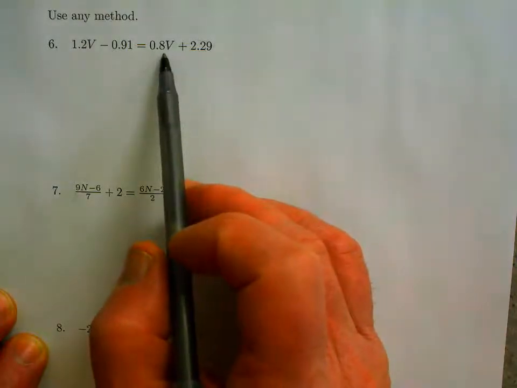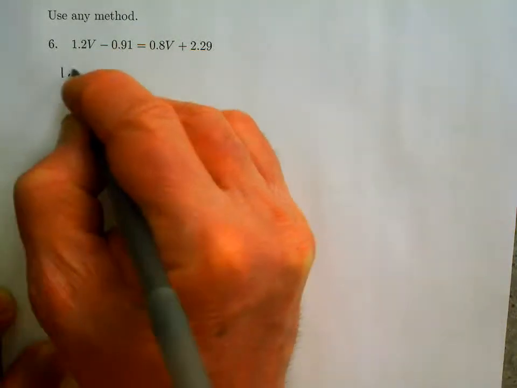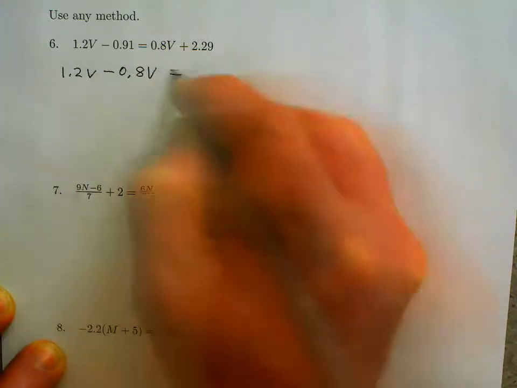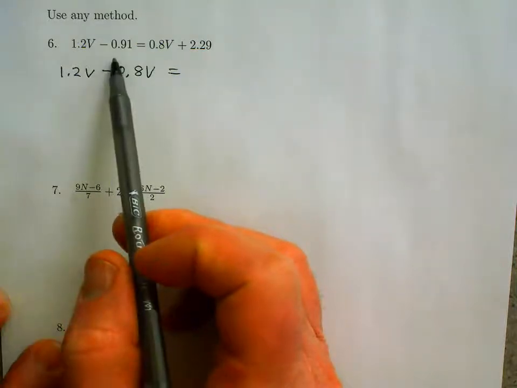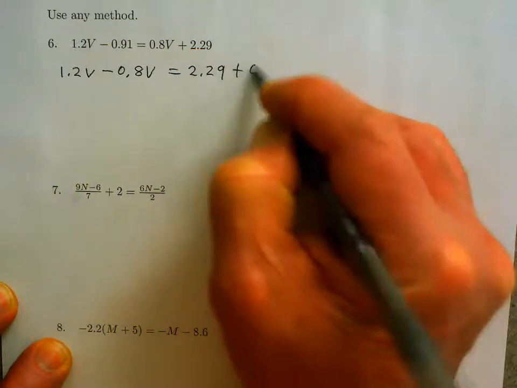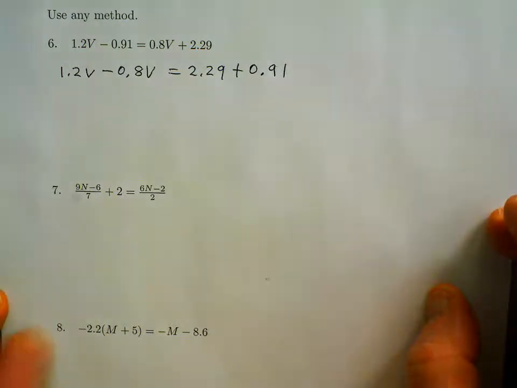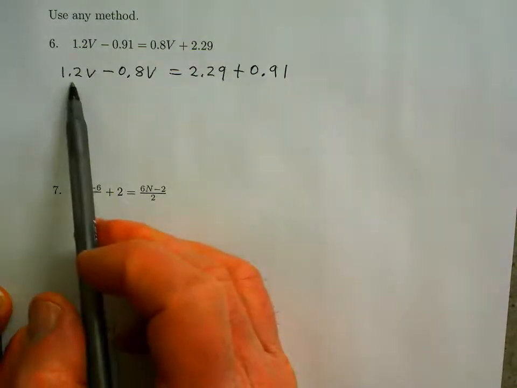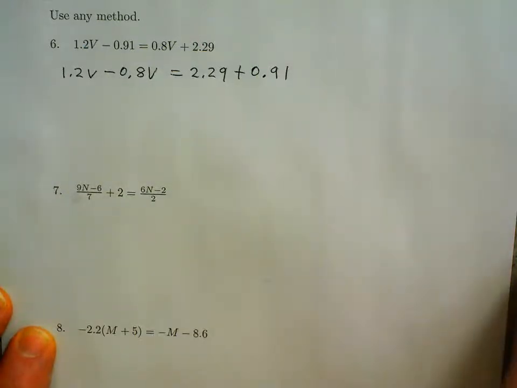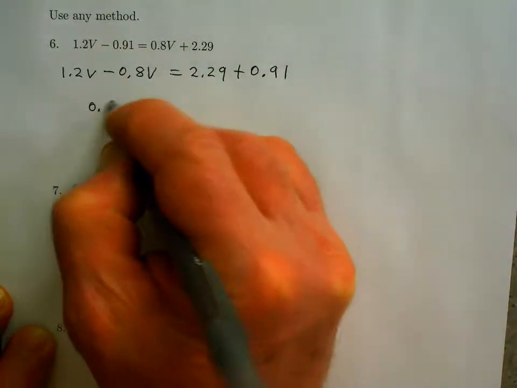We'll subtract 0.8v from both sides. So 1.2v minus 0.8v. And in the same step, we can add 0.91 to both sides. So we get 2.29 plus 0.91. And on the left-hand side, 1.2 minus 0.8 is what the coefficient of the variable v will have to be. And that's just 0.4v.